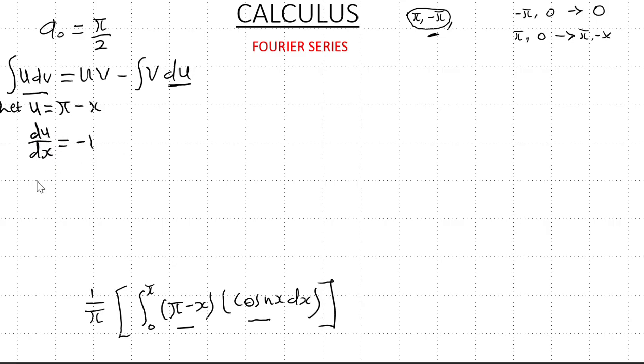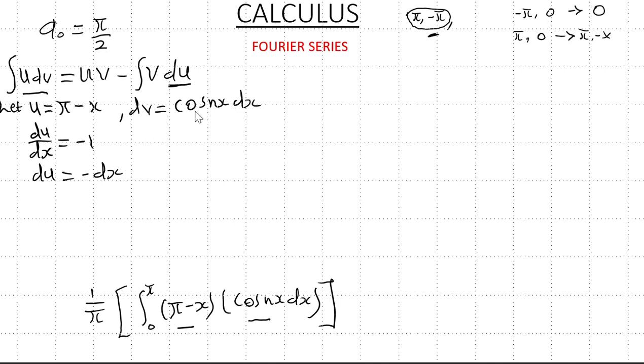Multiplying through by dx, the dx cancels, then we multiply by the negative one, so it's going to be negative dx. Now dv becomes cos nx dx. So these are dv.